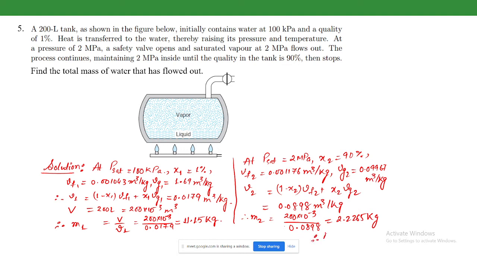Therefore the mass of water that flows out, me, is equal to m1 minus m2. So that value comes out to be 8.92 kg.